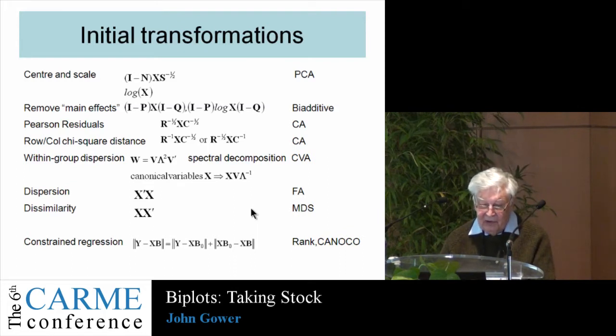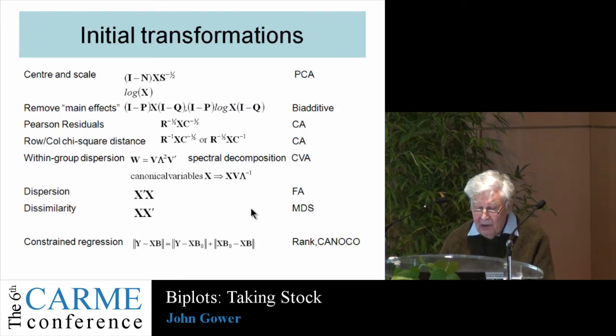Two of the most important are the direct representation of the contingency table normalized by the square roots of the row and column means, or the one which generates chi-squared distances. And that is, as we will see, instead of r to the minus half, there's an r to the minus 1 for row chi-squared distances, and there's a c to the minus 1 rather than a c to the minus half. So there's a small change there.